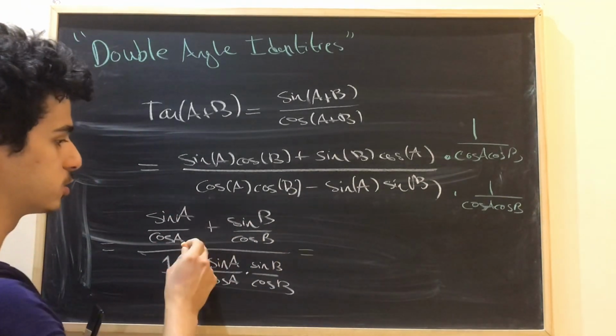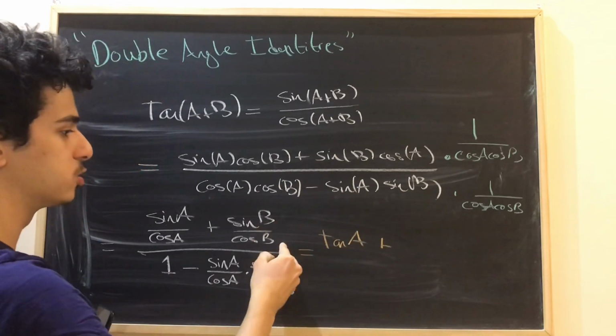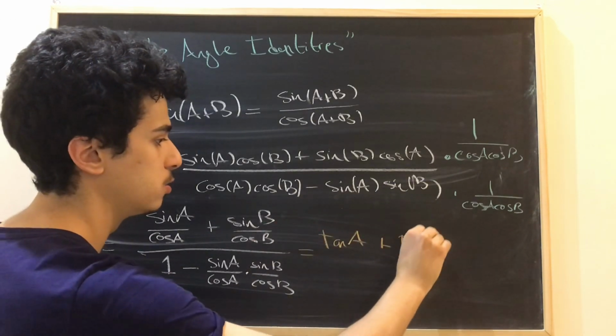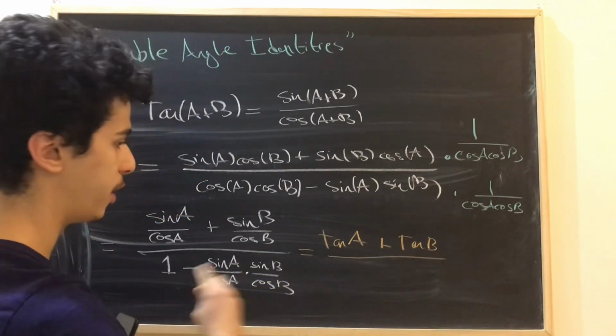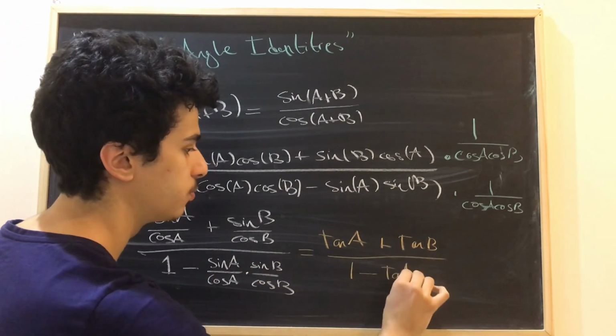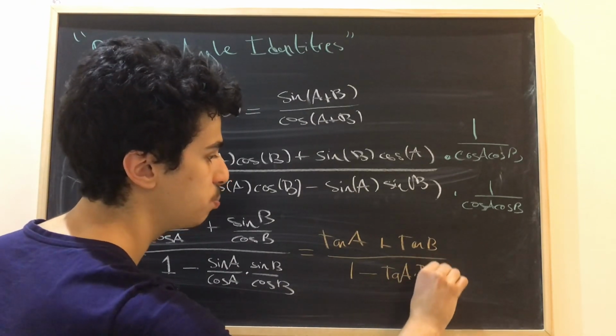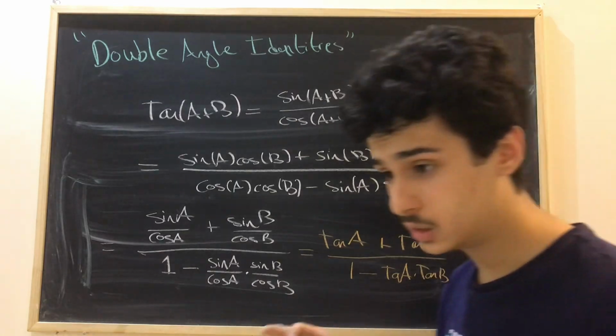We have sine A over cosine A, tangent of A. Sine B over cosine B is just tangent of B. We'll have 1 minus tan A times tan B. And that's the identity I forgot.